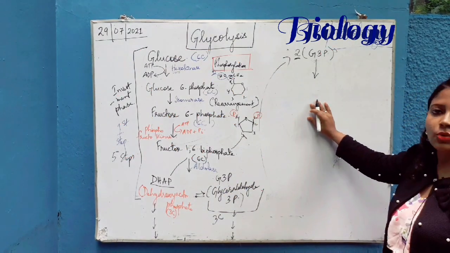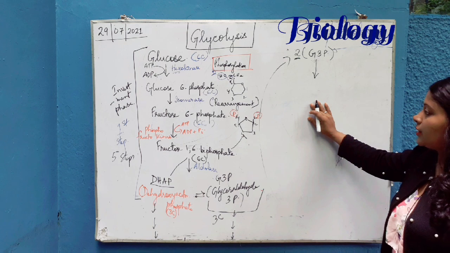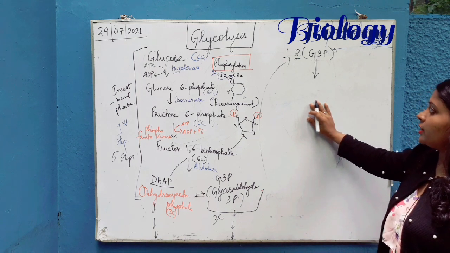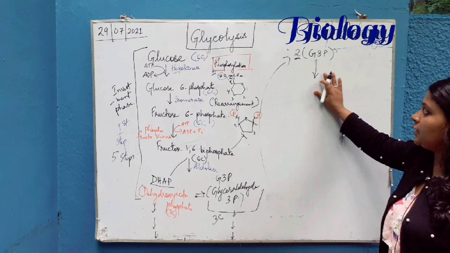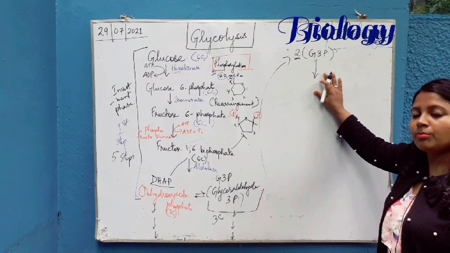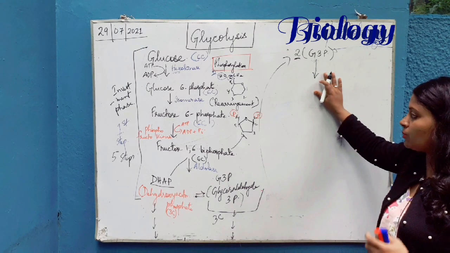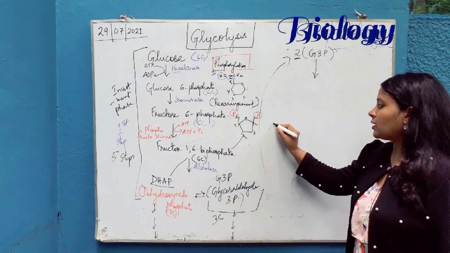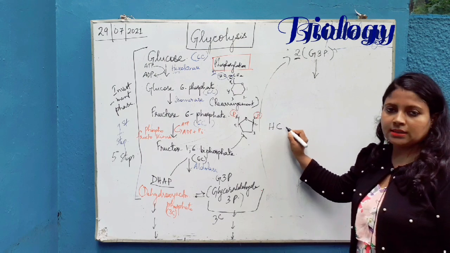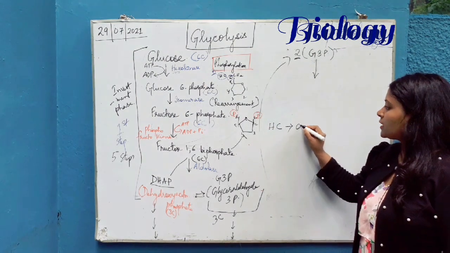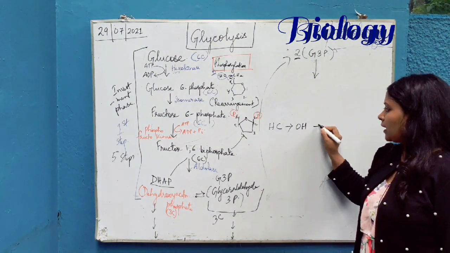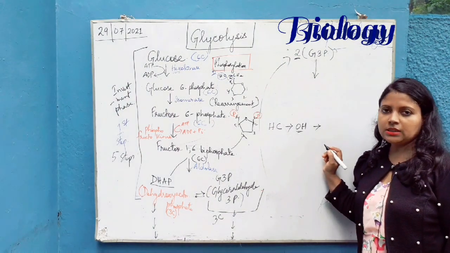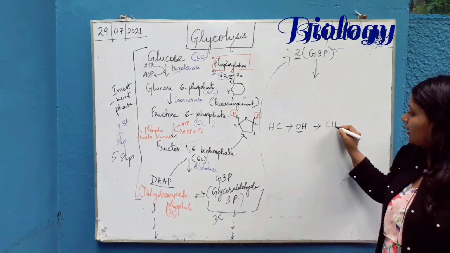So, more focus goes towards glyceraldehyde 3-phosphate. This glyceraldehyde 3-phosphate will be converted into 1,3-bisphosphoglyceric acid. Before that you need to understand that hydrocarbons, when they undergo oxidation, produce a hydroxyl compound. Then when the hydroxyl undergoes oxidation, it produces an aldehyde group.